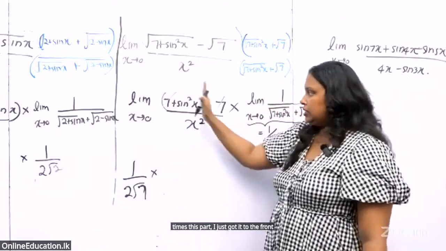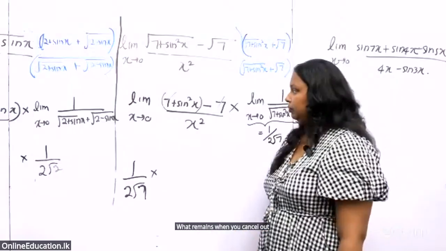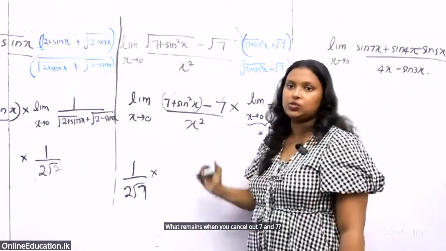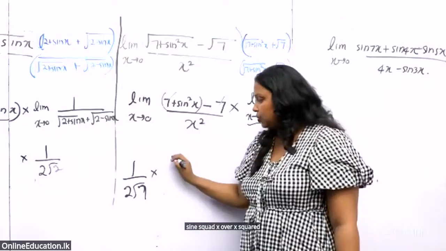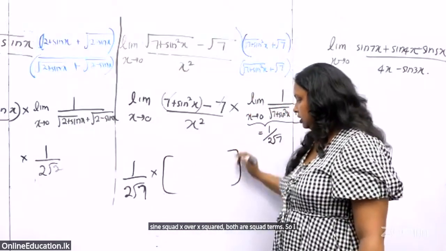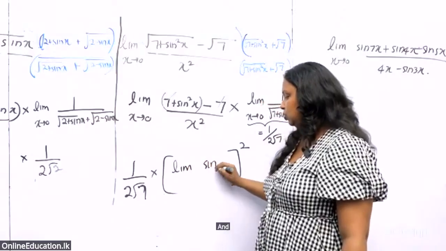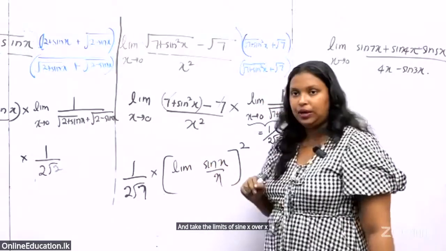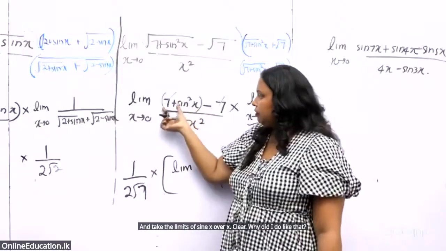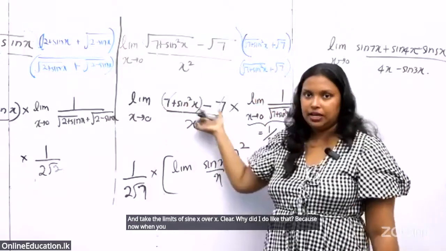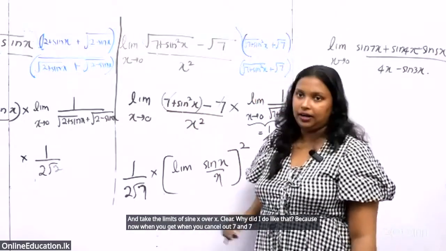What remains when you cancel out 7 and 7? Sine squared x over x squared. Both are squared terms. So I can write this as the whole thing squared and take the limits of sine x over x. Clear? Why did I do like that? Because when 7 and 7 get subtracted, it becomes 0.